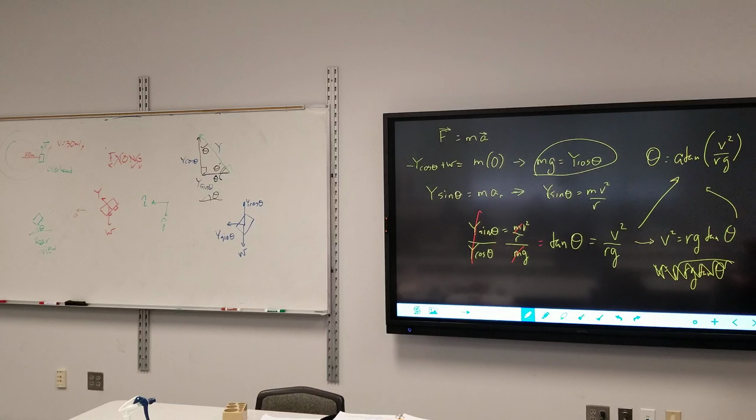The two basic introductory problems are you have theta and solve for v, or you have v and you solve for theta.